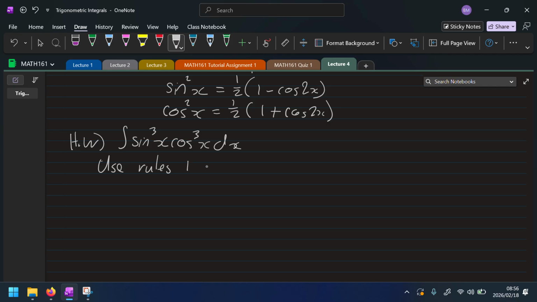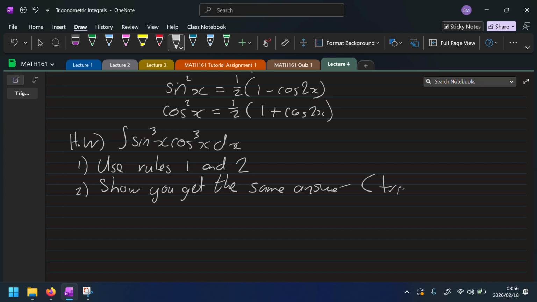Use rules 1 and 2. So for the first one, you treat one as odd. Second one, you treat the other as odd. So that's the first part. And then the second part, show you get the same answer. Trig identities.